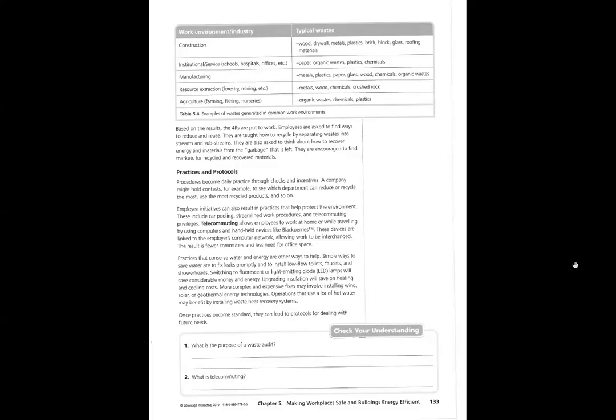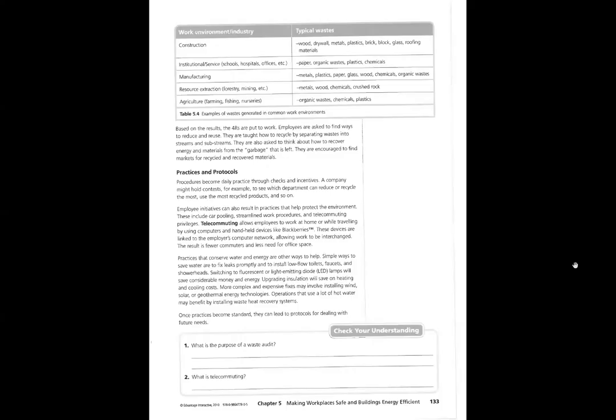Low flow faucets and shower heads. Remember we talked a lot about hot water on demand, so that you don't have to worry about having your hot water tank full of water that you're not using. That water is produced when you need it. Okay.